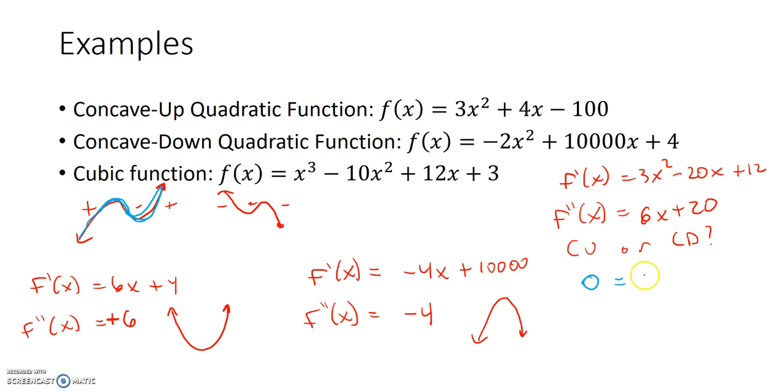And so that means that 0 has to equal 6x plus 20, which means that negative 20 equals 6x, which means that x equals negative 20 over 6. So this right here is possibly an inflection point. Okay, well, how do we determine if that inflection point corresponds to this graph here, going from concave down to concave up?